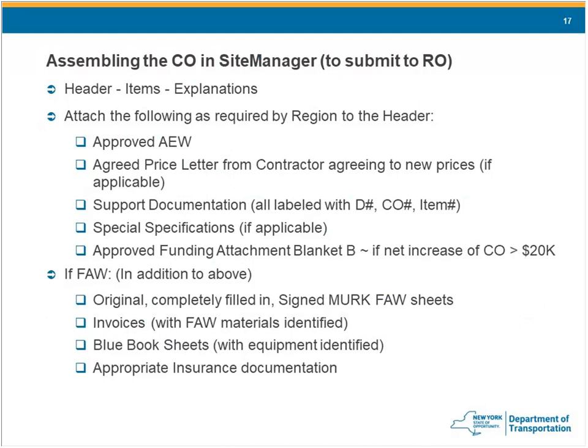One thing I'll mention, the agreed price worksheet has no signature fields for the contractor and the department, so they need to be accompanied by an agreed price letter or an email, as long as the email is clear, states the item and what the price is that they're accepting.